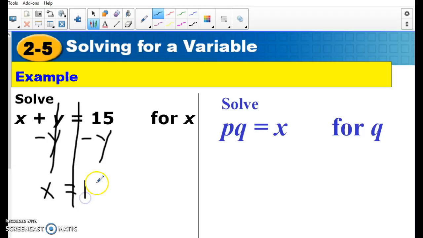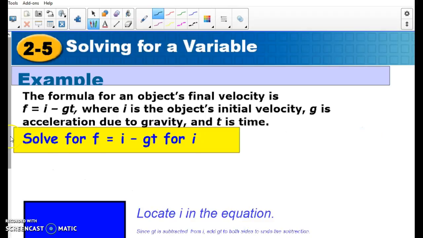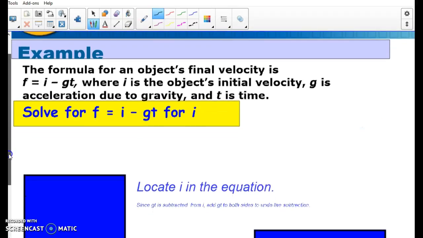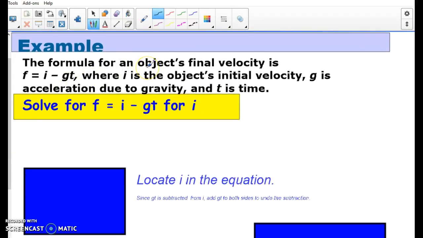15 minus y. It's important that you keep that negative sign with the y. So not y minus 15, because the 15 is not negative, but 15 minus y. This one looks a little more complicated. The formula for an object's final velocity, so getting into some physics stuff which you'll take in a couple of years, is F equals I minus GT, where I is the velocity, G is the acceleration, and T is time.